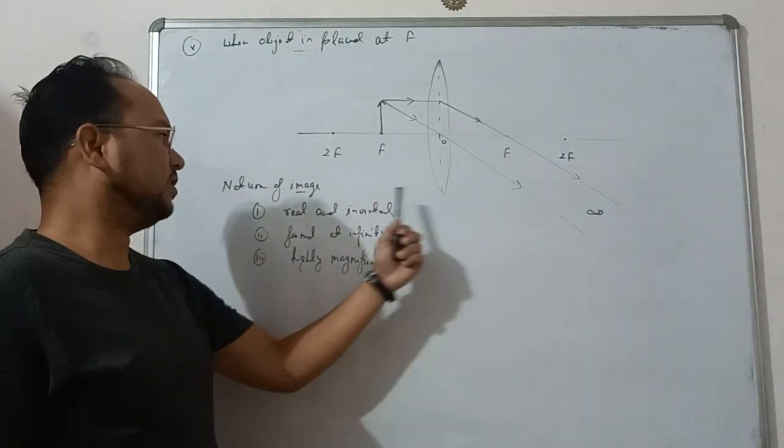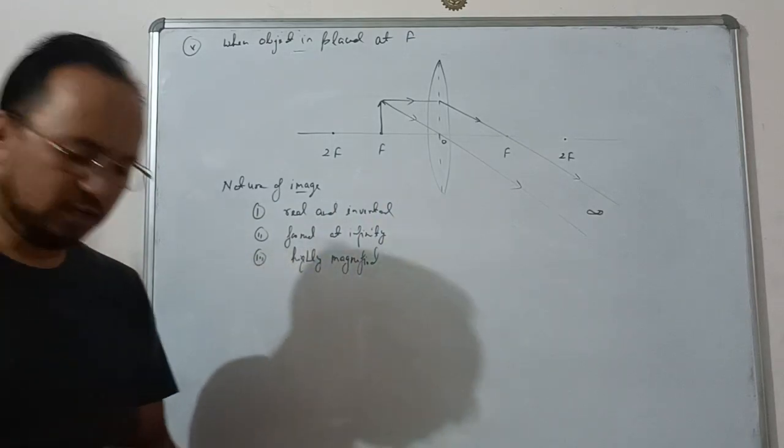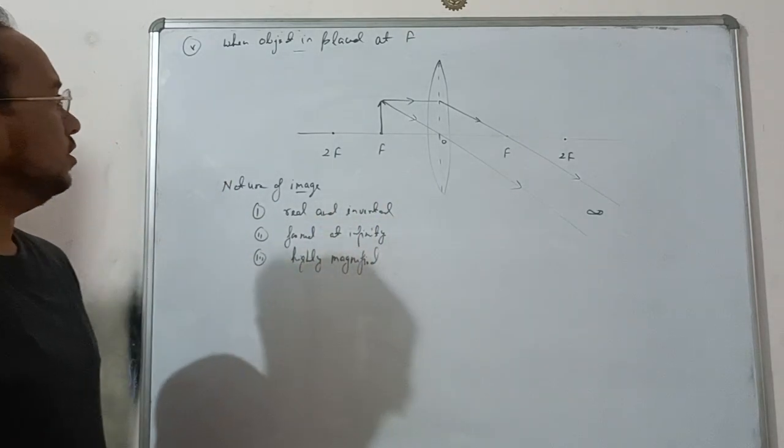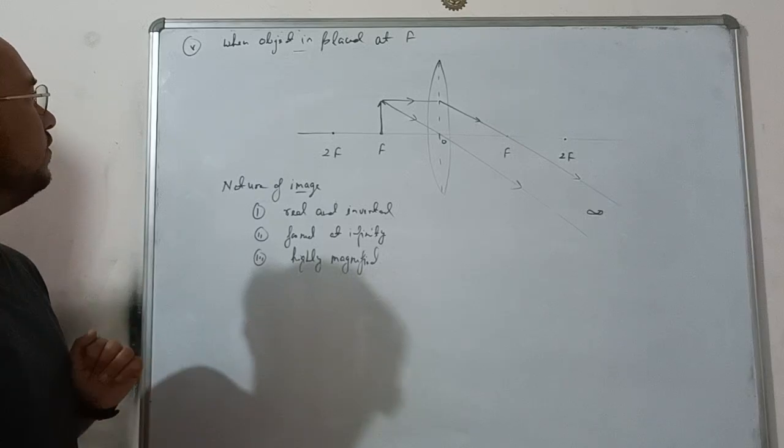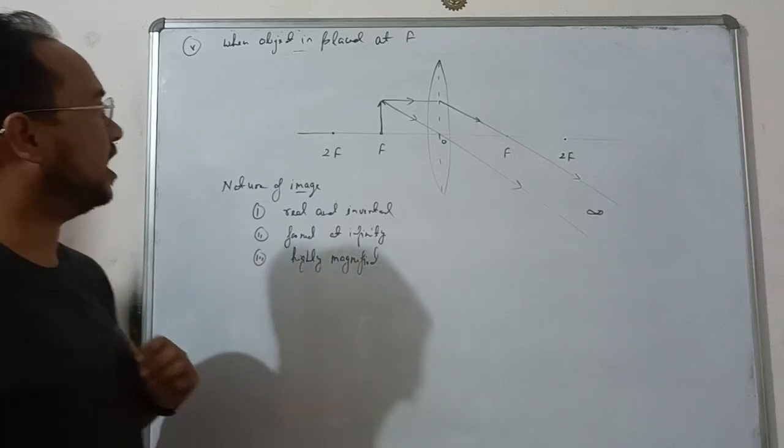This is the ray diagram and this is the nature of image when object is placed at focus. So these are the five places where object has been placed.